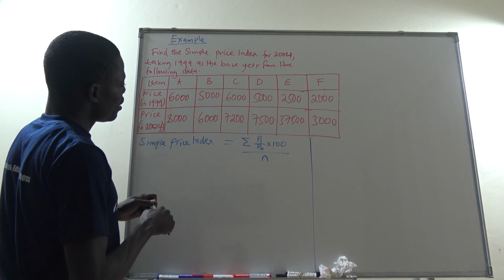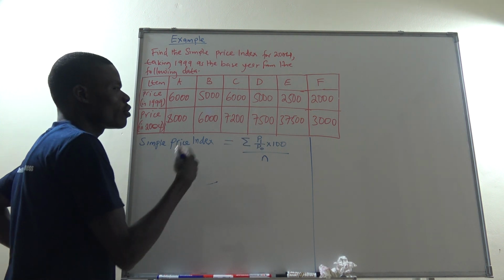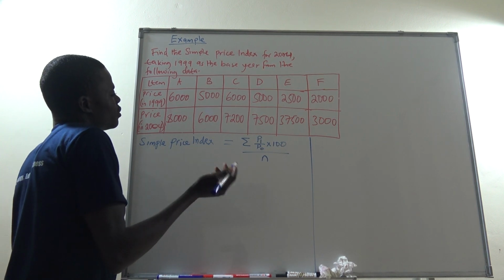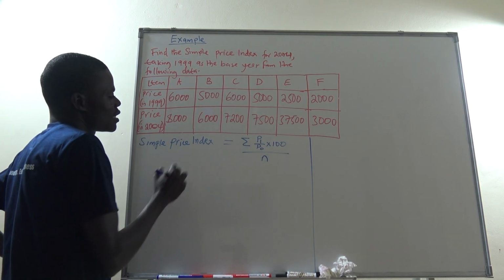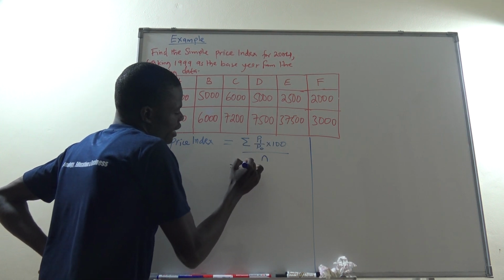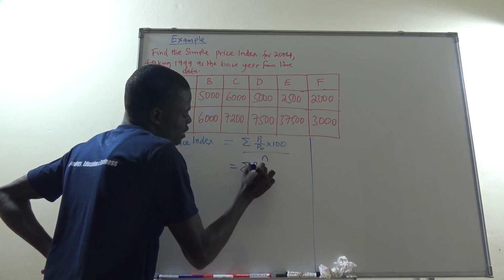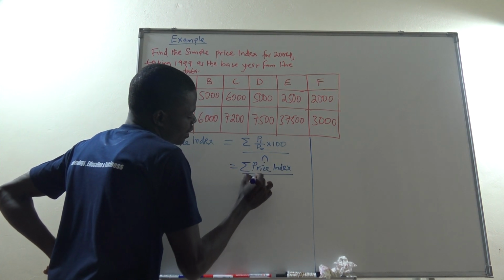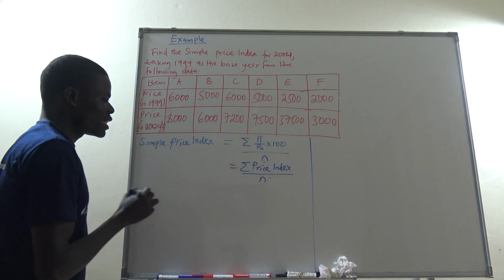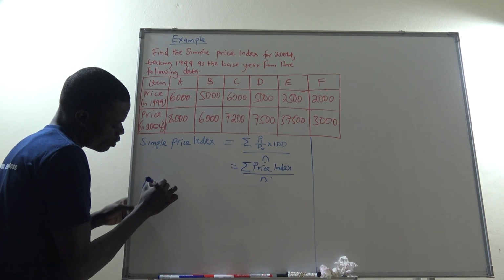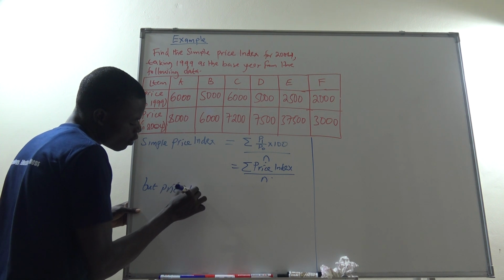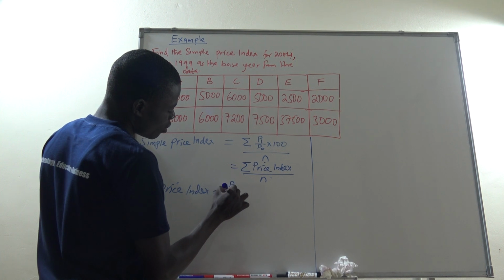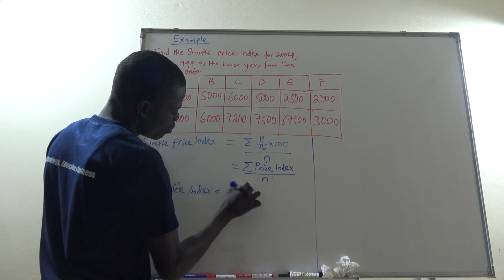We can put all of it in the same column, which will still be okay, but for our case, let us divide. This is the same as getting the summation of price index divided by N. But you know that price index or price relative is given by P1 out of P0 times 100.